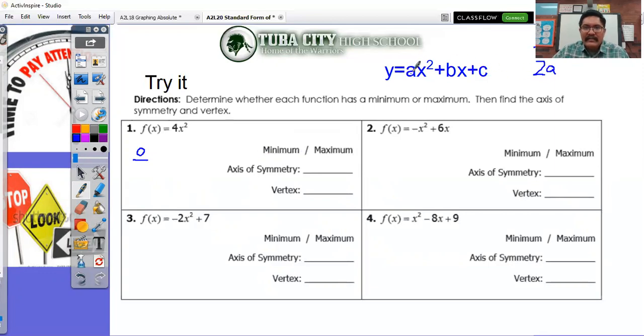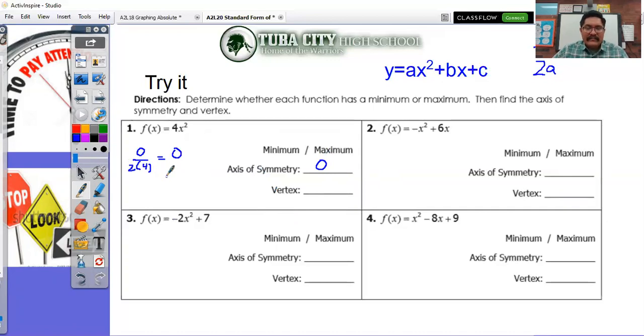So the a value is the number paired with the x squared. So in this case here, 2 times 4. Not that that really matters, because 0 divided by any number is always going to be 0. And that's our axis of symmetry.